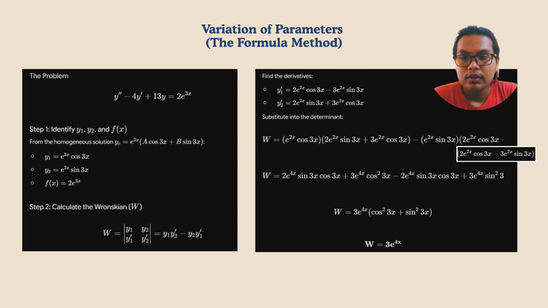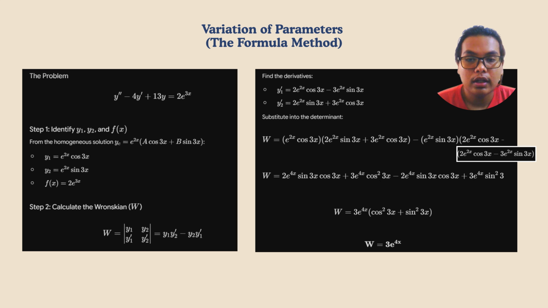From the homogeneous solution, y1 equals e^(2x) cos 3x, y2 equals e^(2x) sin 3x, and f(x) equals 2e^(3x).